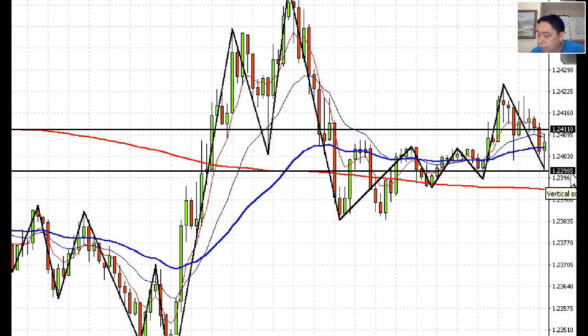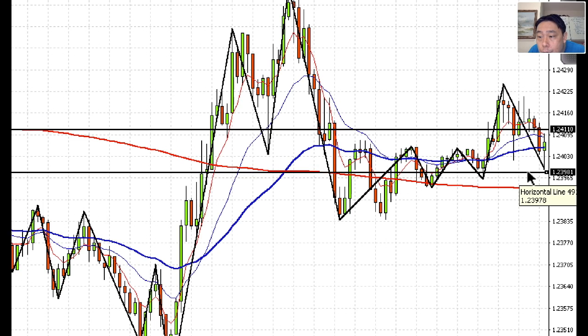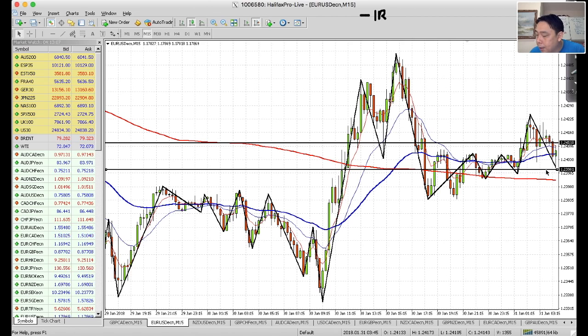Just use my calculator, 2411, 2398. Okay, so 2411 minus 2398. That's a 13 pip stop loss. All right. So if I'm going for 1:2, I need a 26 pip profit target.